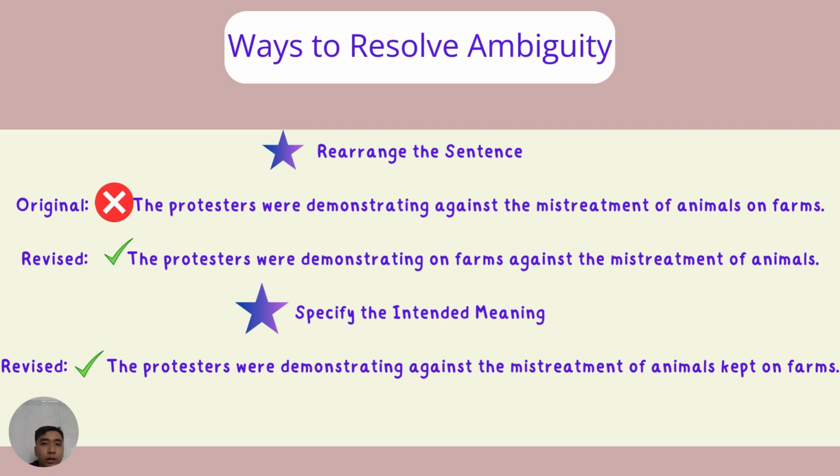Ways to resolve ambiguity. Rerun the sentence. Original: The protesters were demonstrating against the mistreatment of animals on the farm. Revise: The protesters were demonstrating on the farm against the mistreatment of animals.